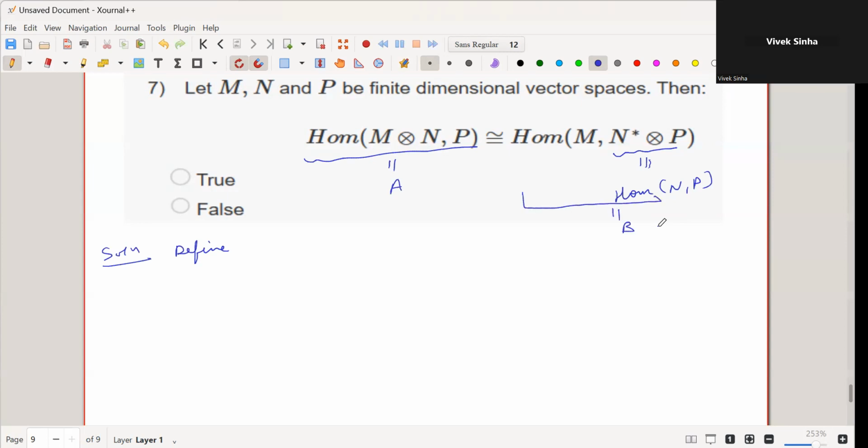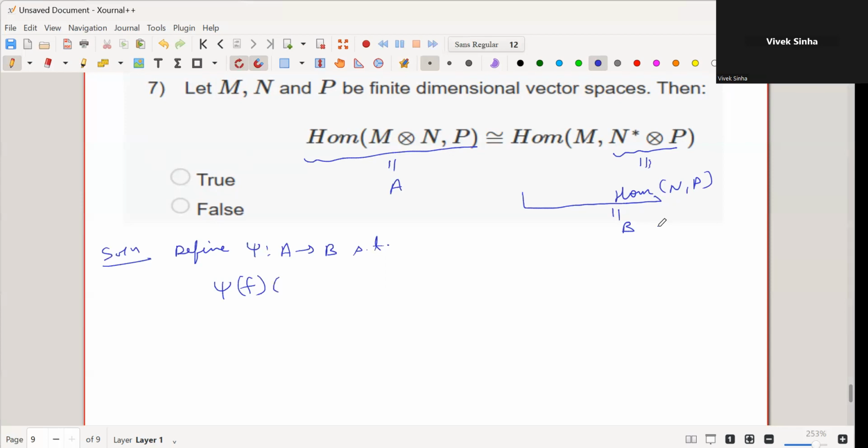Then you define psi from A to B such that, here we have a map from M tensor N to P. Any such map will be mapped to a map from M to Hom(N, P).